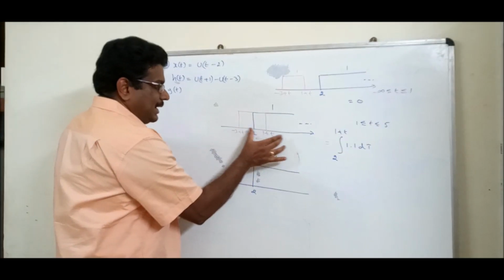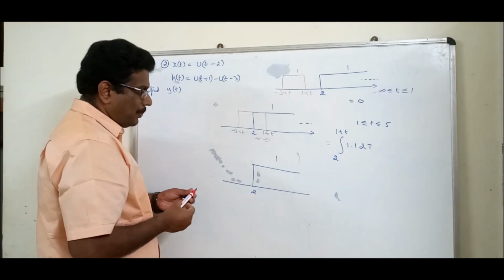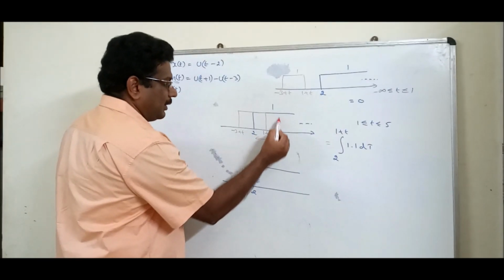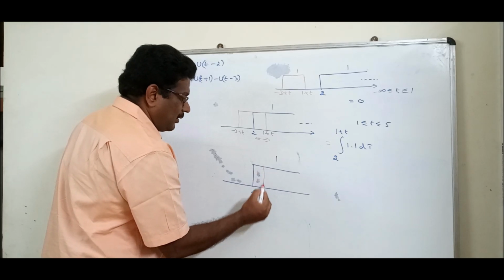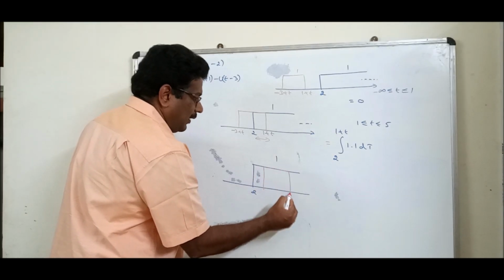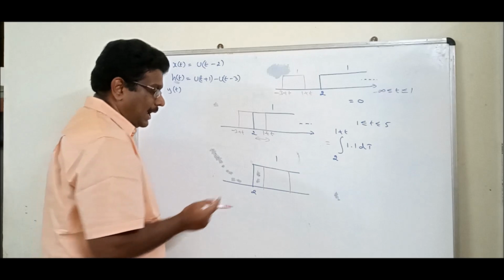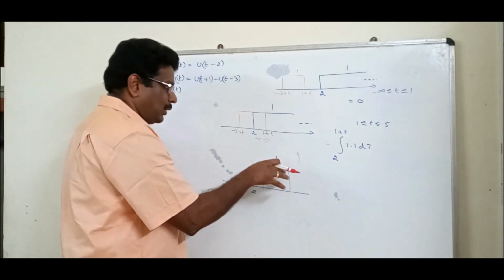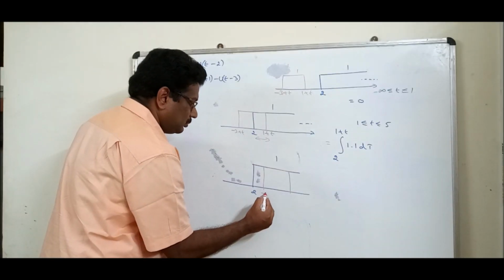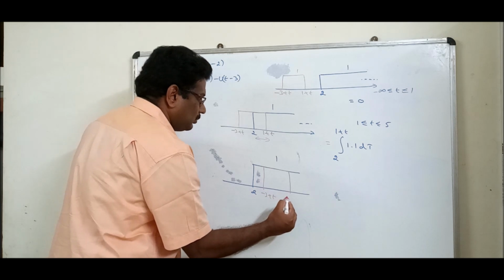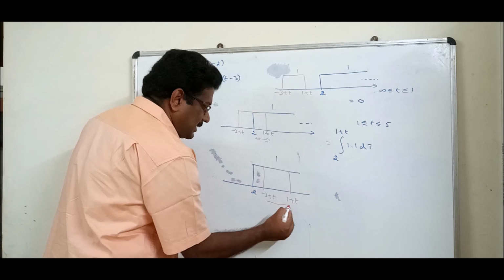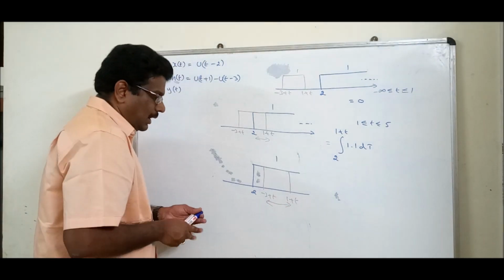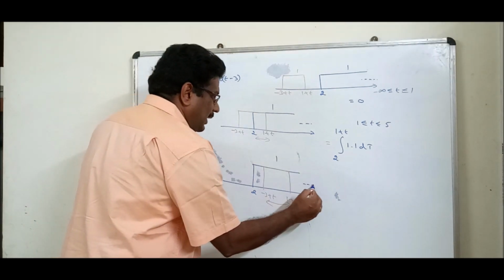It is increasing, it is increasing, it is increasing. At one particular moment, it will come like this. Am I right? After that, if you still move further, will it not be like this? The entire red signal is within blue. In this combination, this is the overlapping region, and if you multiply, you will get a result.